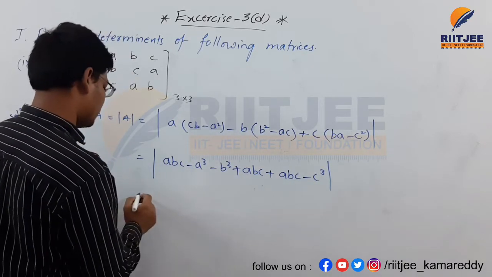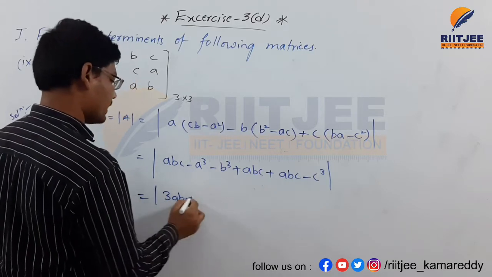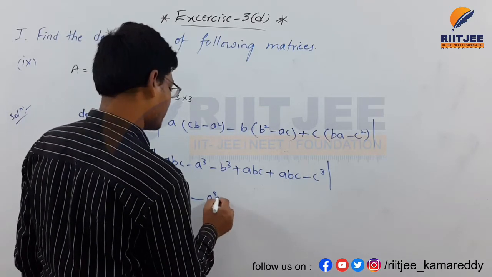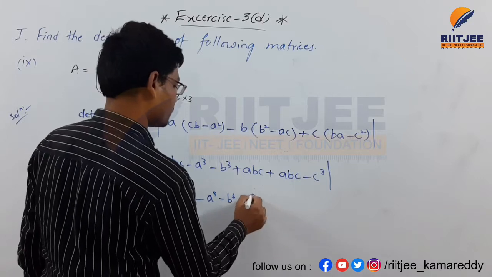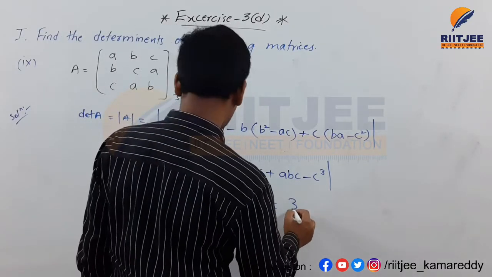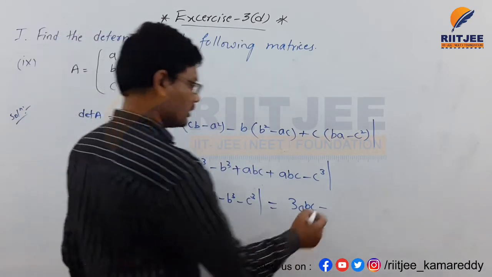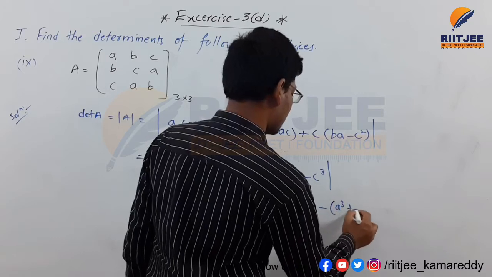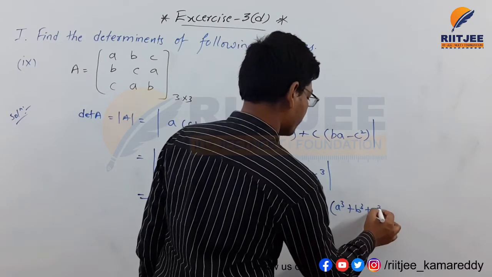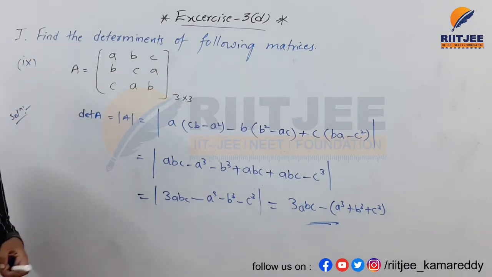ABC completely we can write as 3ABC, minus A cube minus B cube minus C cube. Modulus is closed. We can write this as 3ABC minus, if you take minus as common, minus of A cube plus B cube plus C cube. This is the final determinant value of this question here.